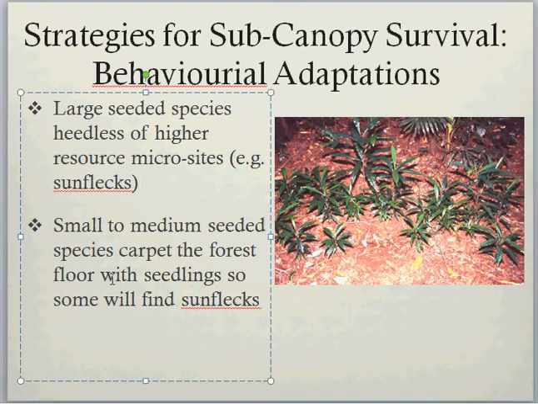Okay, so small to medium-sized species will tend to have more seeds, and they will spread across the forest floor in large clumps of seedlings, hoping that at least some of those seedlings will fall in an area where there are enough sunflecks to allow them to gain a positive carbon balance, so that they can grow and increase their photosynthetic area, and so get into a positive carbon balance even without sunflecks, and therefore survive.